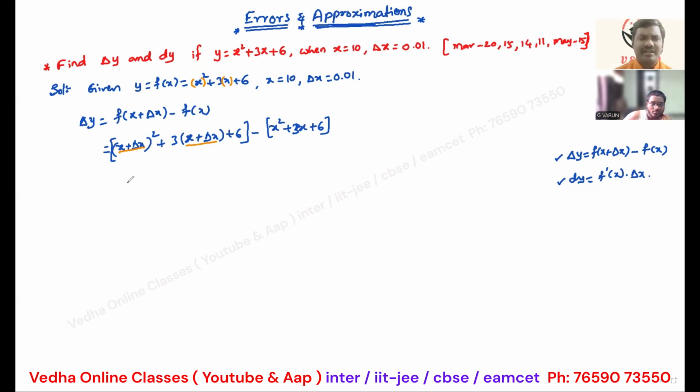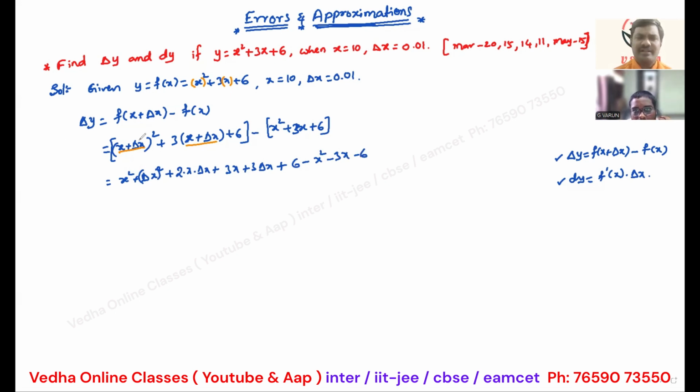After that, we apply the a plus b whole square formula: a square plus b square plus 2ab. So delta x whole square plus 2 into x into delta x, plus 3x plus 3 delta x, plus 6 as it is, and multiply by minus, so we get minus x square minus 3x minus 6.